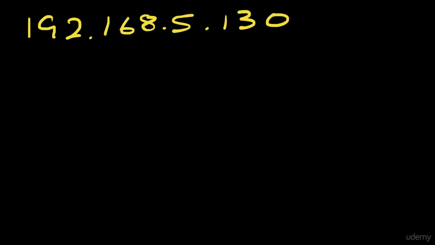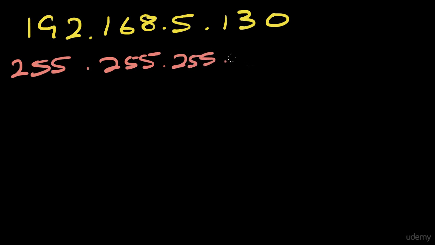And the subnet mask I'll use with this is 255.255.255.192. What the heck is happening here? Well, this is an IP address that was subnetted. We have this unusual subnet mask as a result.